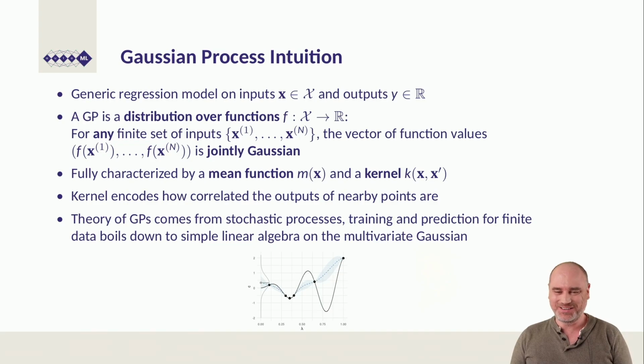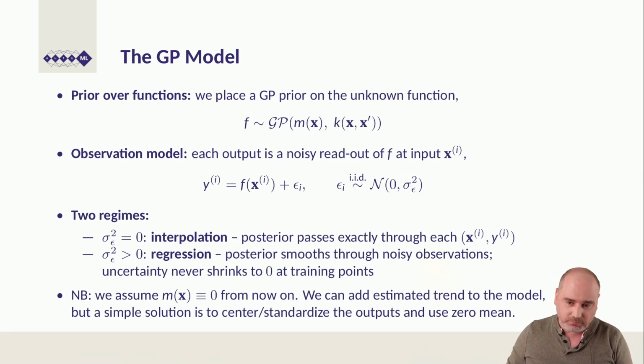If you're only willing to invest a couple of minutes and your background in probability theory is maybe a little bit weaker, we will see that training a Gaussian process and predicting with a Gaussian process on finite data, and I guess that's what we usually do in applications, when we implement these things we usually have to work with finite data, this simply, quote unquote, boils down to linear algebra on the multivariate Gaussian. And I guess I don't have to put too many air quotes around simple here, because computing on the multivariate Gaussian is not the most complicated thing in existence.